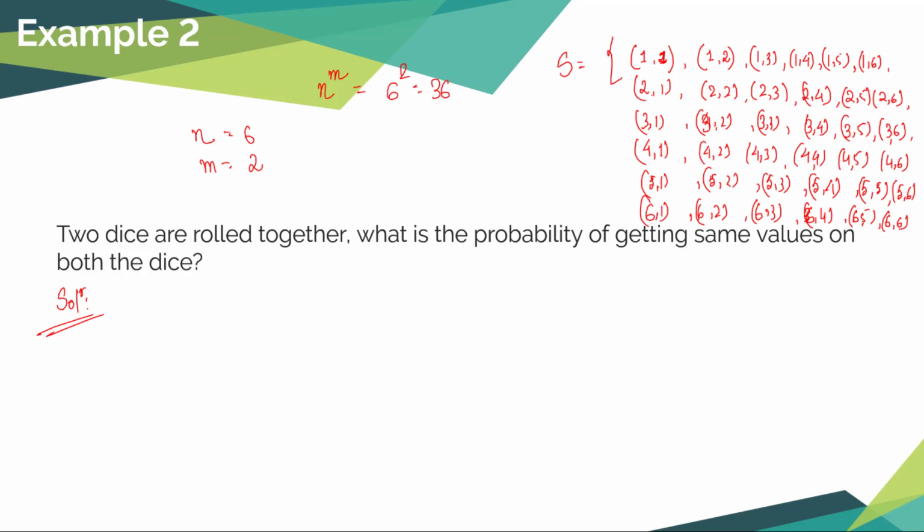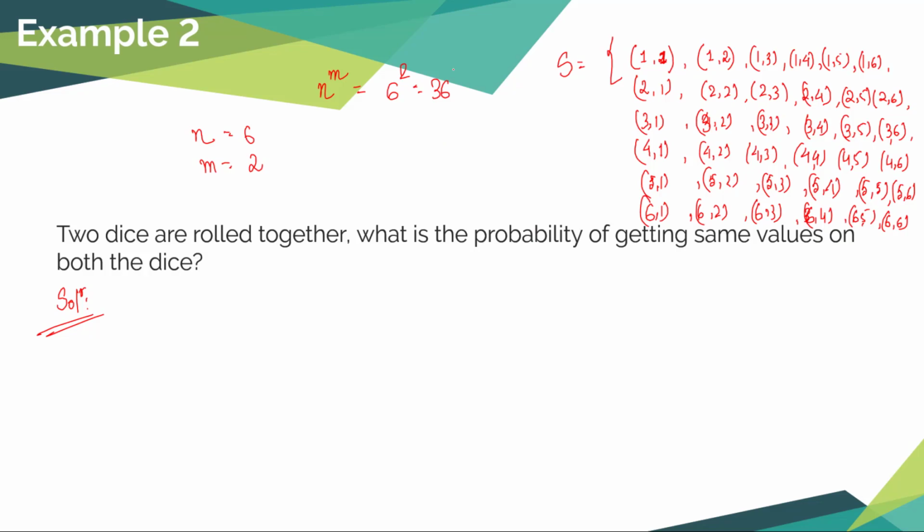Now the question may arise, what is the difference between (2,1) and (1,2)? In this case, (1,2) and (2,1) are treated differently because they represent results of different faces on different dice, right? So in (2,1), 2 is occurring in the first die and 1 is occurring in the second die, right?